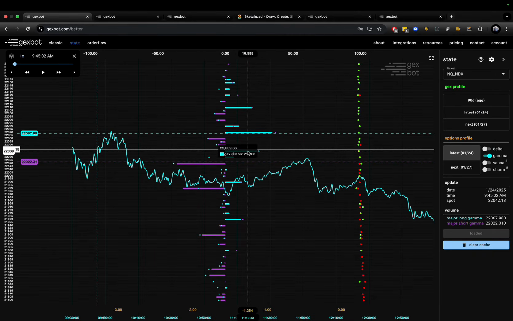So you could have gone long at 22,042, and then you put your stop loss below the next gamma level, which is this one at 28, or let's say 30. So you put your stop loss at 30. It's quite close, it's a tight stop, 10, 12 points. And what's your target? Your target is this next level of gamma, which is the 67.